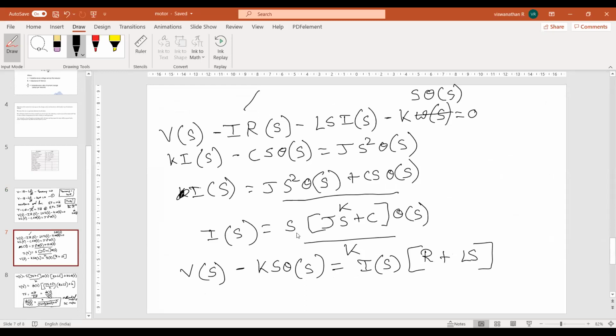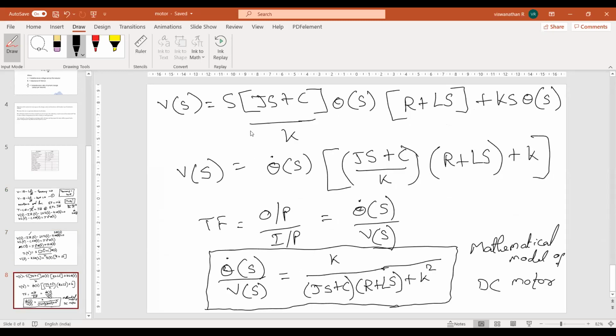Once you find I of s, put that in the other equation for the voltage, and s into theta of s becomes theta dot of s. So that's how you finally get theta dot of s and not theta. So theta dot of s divided by V of s is the mathematical model of the DC motor.